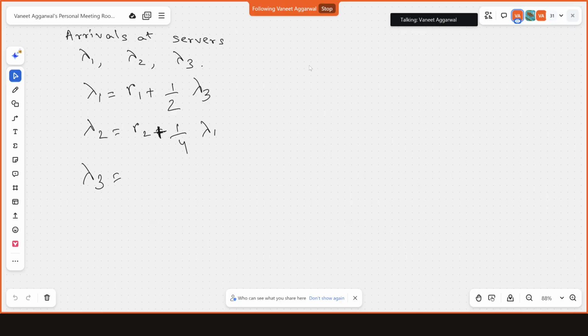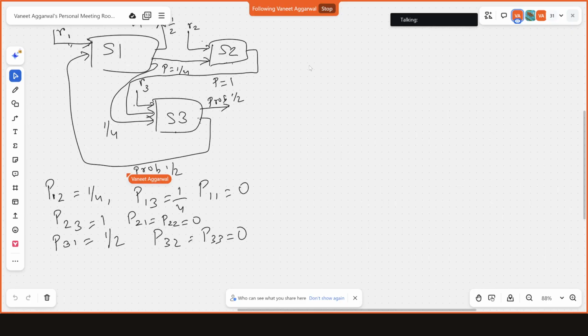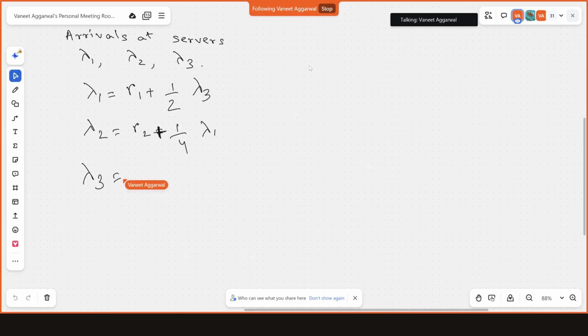Then let's see what lambda 3 equals. Lambda 3 is: you have external R3, then with probability 1 from server 2, plus the arrival rate at server 2, plus 1/4 from server 1. So this is R3 plus lambda 2 with probability 1 from server 2, and with 1/4 probability from lambda 1.